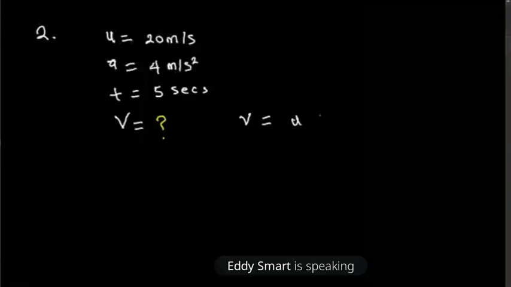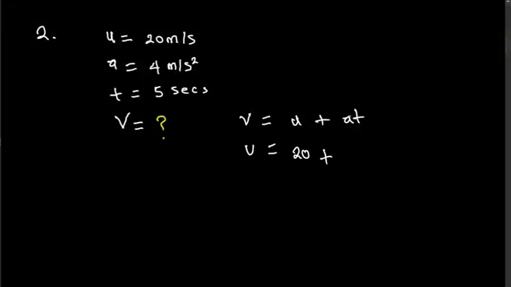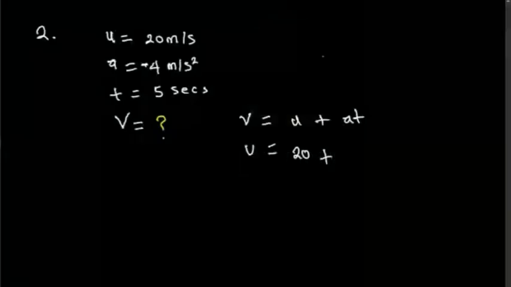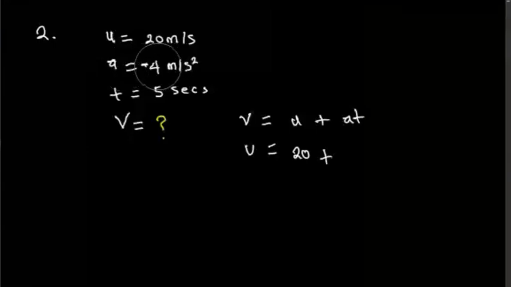So V is equal to U plus at. So V is equal to 20 plus. Now, note something, please. Remember I said we should use the minus because I want you to understand the concept. We're given deceleration.